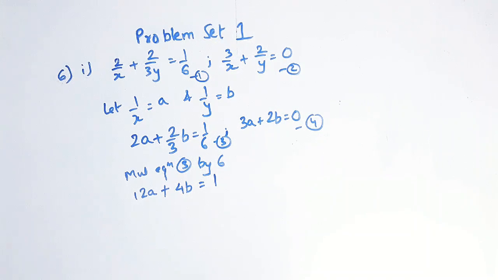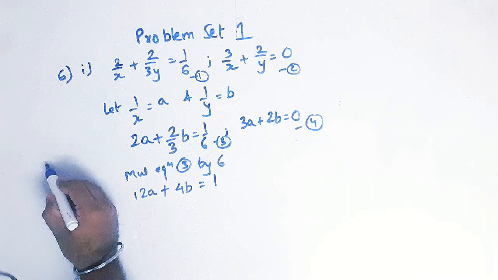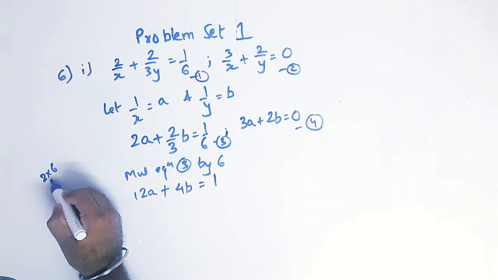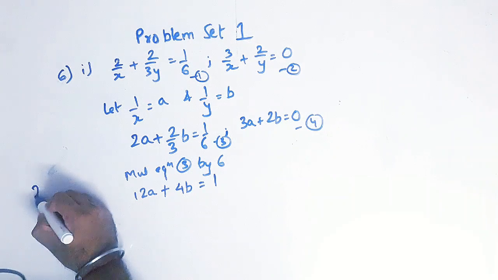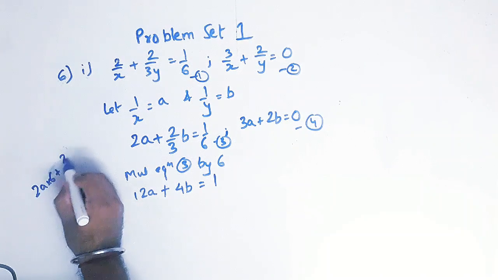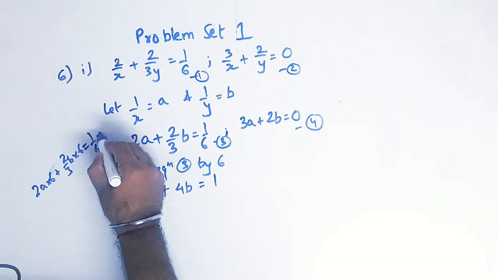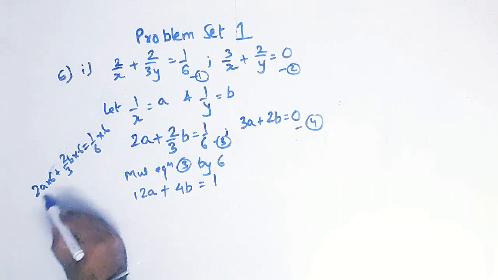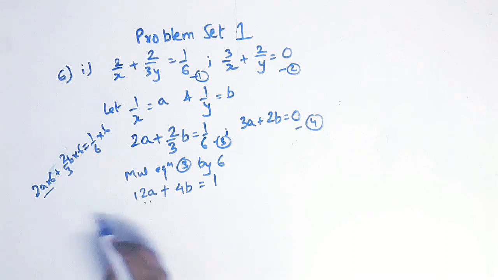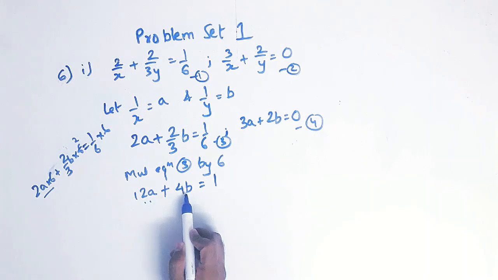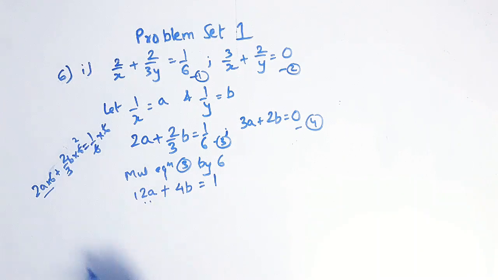Those of you who have not understood, I'll give a simple clarification. 2a into 6 plus 2 upon 3b into 6 and 1 upon 6 into 6. So here this will become 12a. Here 3 ones are 3, 3 twos are 6, so this will become 4b. And here 6 will get cancelled, so only 1 will remain.